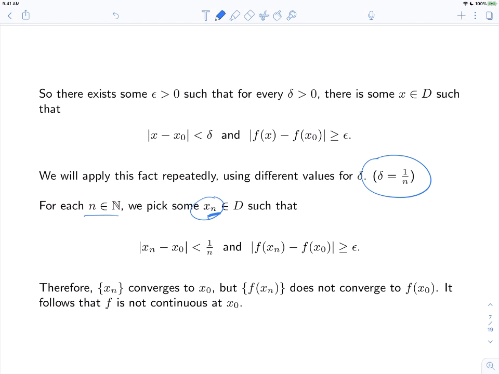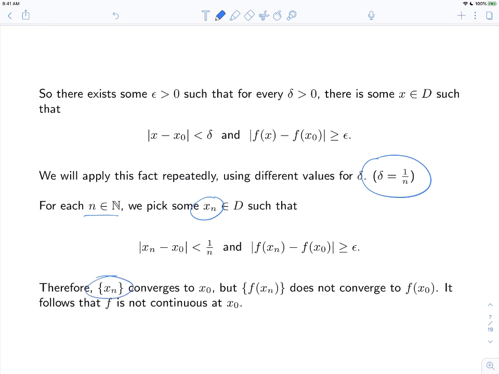So for each n, we pick one of these x's, x_n, and it has the property that |x_n minus x naught| is less than that delta, which is 1 over n. But the outputs are too far away from each other. That is, the distance between them is greater than or equal to epsilon. Okay, so what does this do for us?